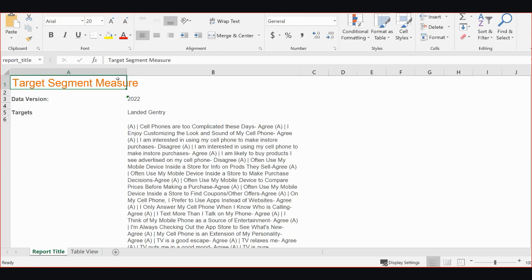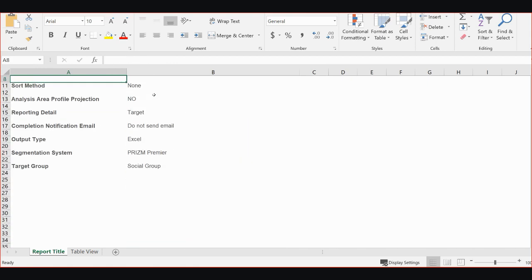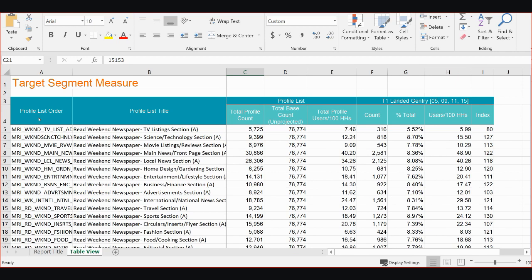And then I wanted to know all of these sort of beliefs and interests. It also tells us, so we looked at the social group, just the information about the report at the bottom. But we want to look at the table view. And now this is where we get into the data, which I think is the pretty cool stuff.